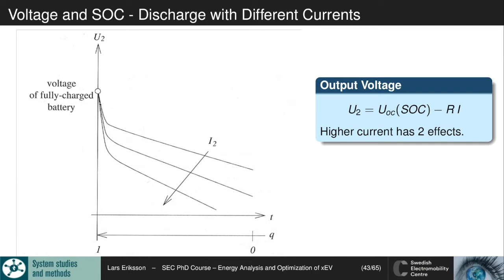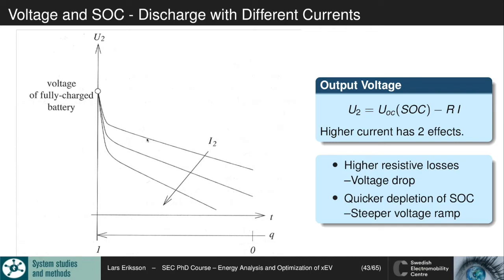So first there is an activation part, and then the voltage starts to drop. So with small current we get a smaller drop, and with higher current we get a faster drop and faster drop. And the two effects that we're seeing are related to the resistive losses that we have here.